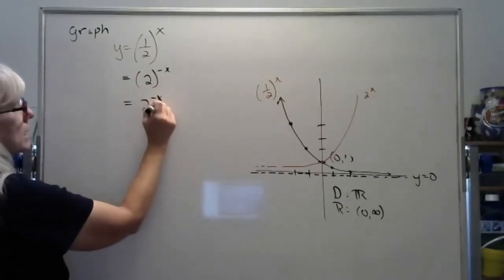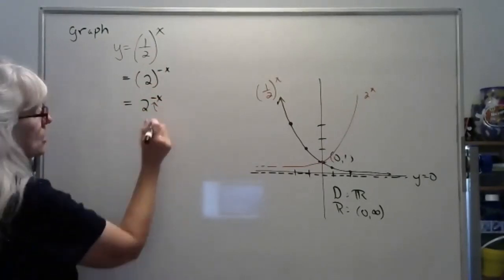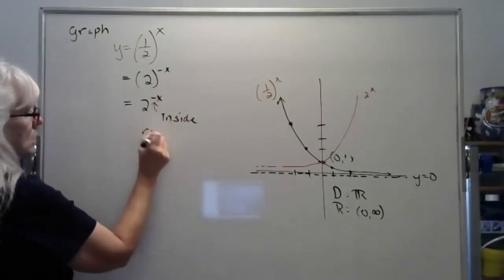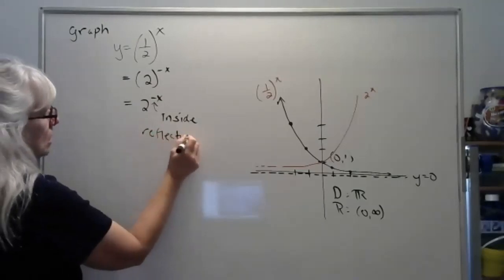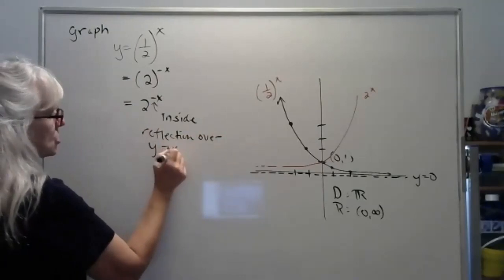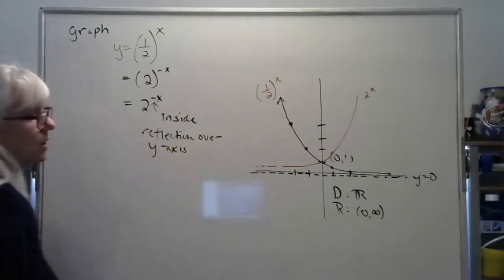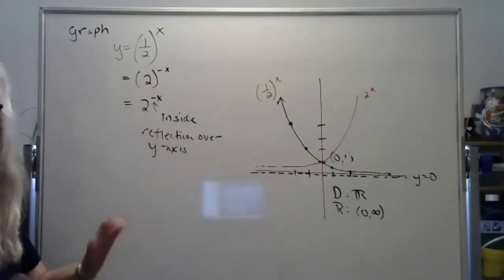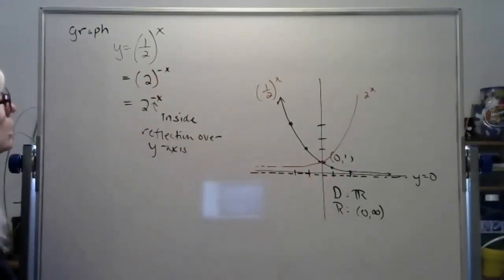And now I notice the negative that we know is a reflection. That negative is inside the function, which means it's a reflection over the y-axis. You're changing the sign on the x values, which flips it from left to right. So sure enough, it does exactly what we think it should do. It reflects over the y-axis.